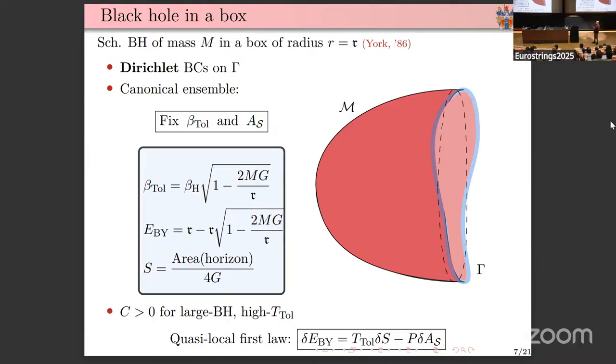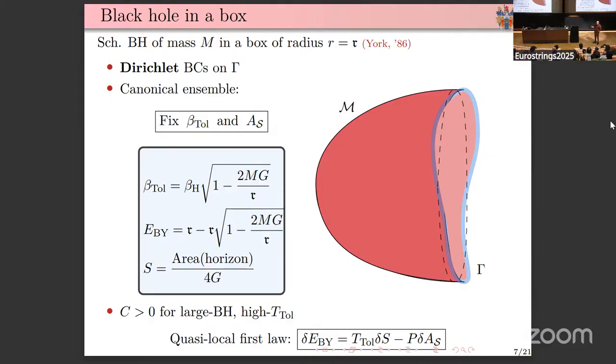So you're fixing the proper periodicity associated with that boundary, which is not the Hawking temperature, but rather what's known as the Tolman temperature, which is essentially equivalent to the Hawking temperature up to this redshift factor, this root here. Now, in the limit that I take this finite boundary and send it all the way back to infinity, such that I have the entire Euclidean cigar, you'll notice that the Hawking temperature just becomes the Tolman temperature.